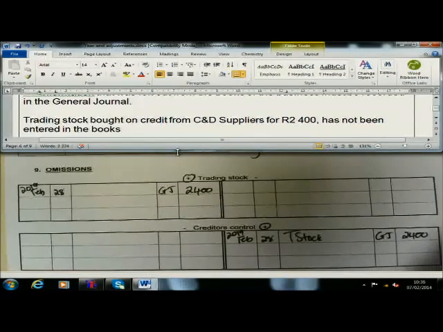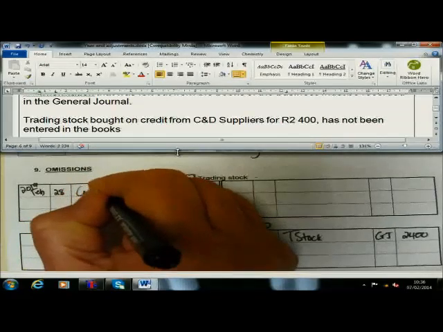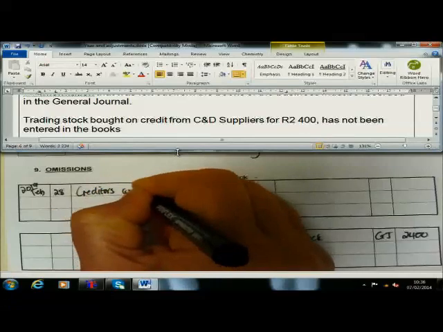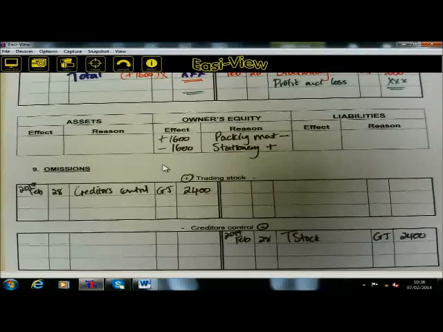Remember, you cannot put it in the CJ because the creditors journal was closed off long ago or a few days ago. And then there you put creditors control. This is a normal transaction. It seems like we bought trading stock on credit. We did. But it was just not recorded in the books. And now we can do the correction in the general journal.